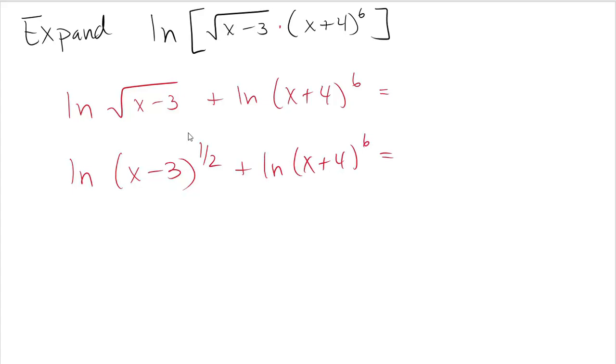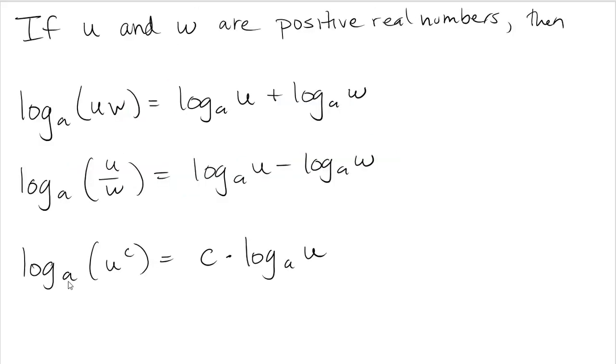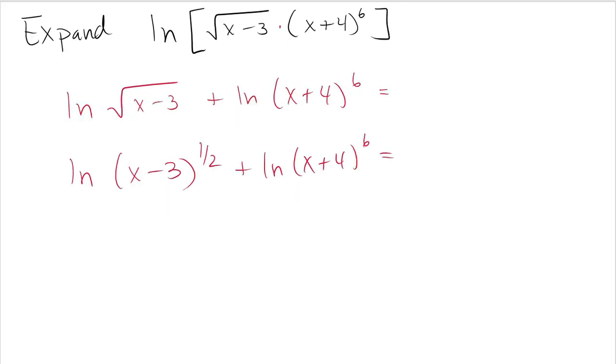And now we can bring those powers down by that last rule. Log base a of an exponential expression can be rewritten as the exponent times the logarithm of the base. So we can rewrite the first term as 1/2 of the natural log of the binomial x minus 3. And we can rewrite the second term as 6 times the natural log of x plus 4.